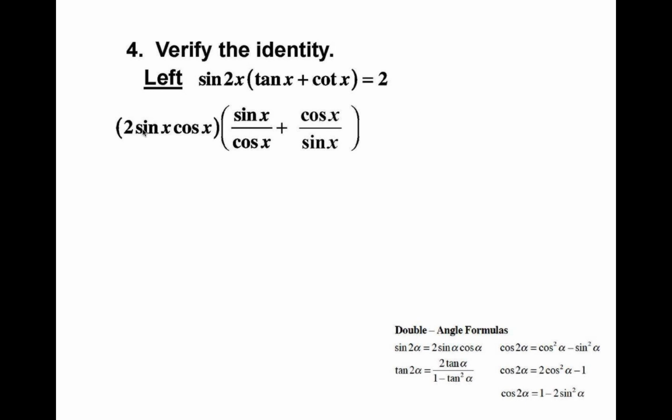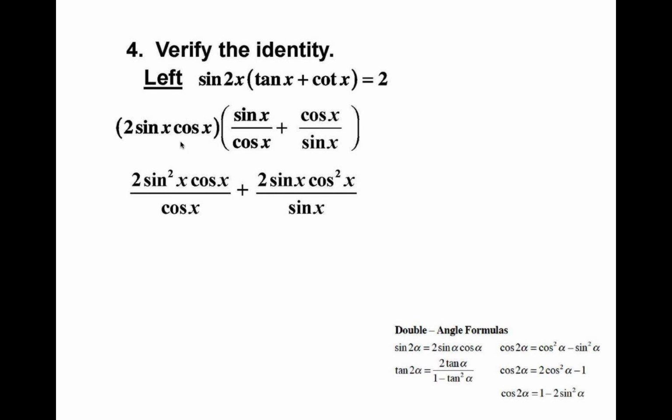So if I multiply this to the first fraction, I'm going to get 2 sine times sine would be sine squared cosine x on the top, all over cosine x. Plus, if you distribute this one to the second one, I'm going to get 2 sine of x, and then I have cosine times cosine, which is cosine squared x, all over 1 times the sine of x, which is just the sine of x.